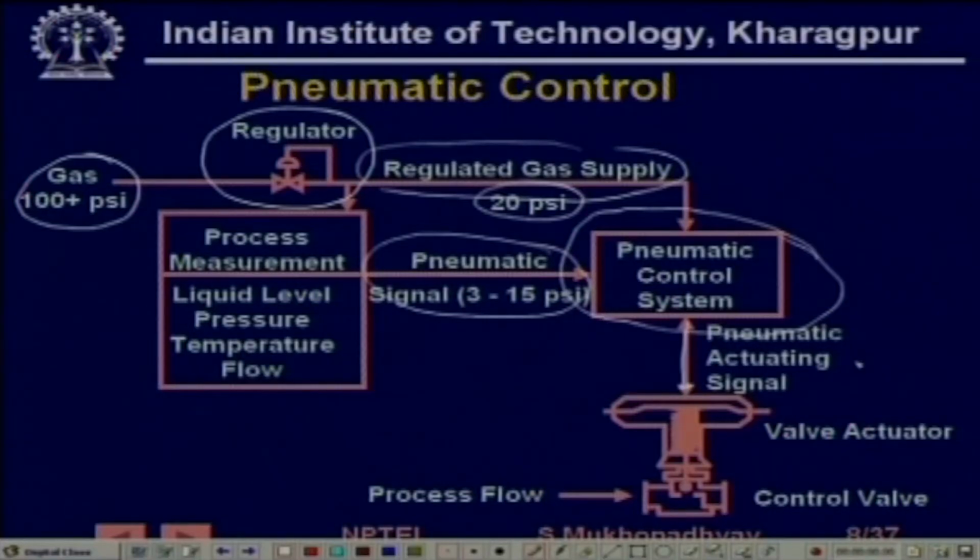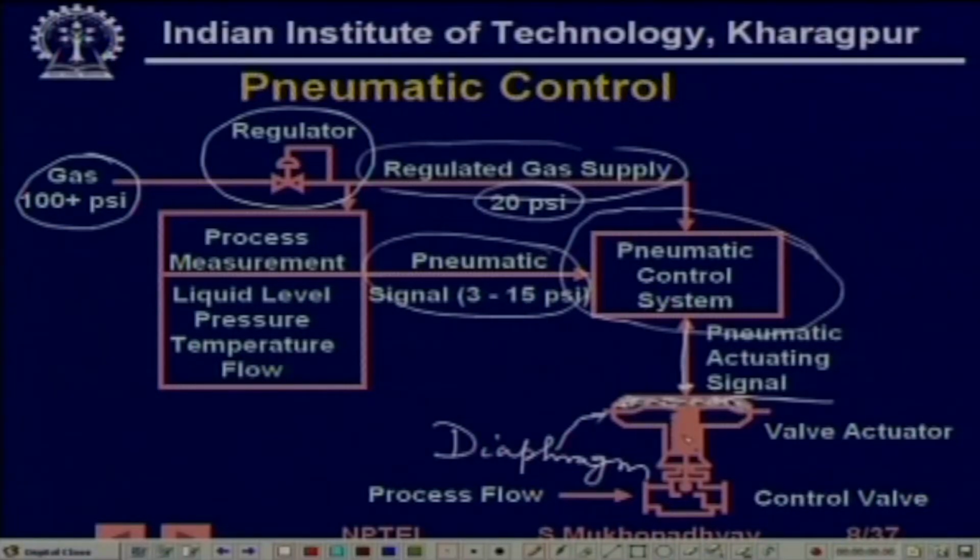In this case, the application that we have shown is a valve actuator, where this valve is moved using pressure on this diaphragm. This is a diaphragm. So, using this pressurized gas, you apply pressure in this cavity.